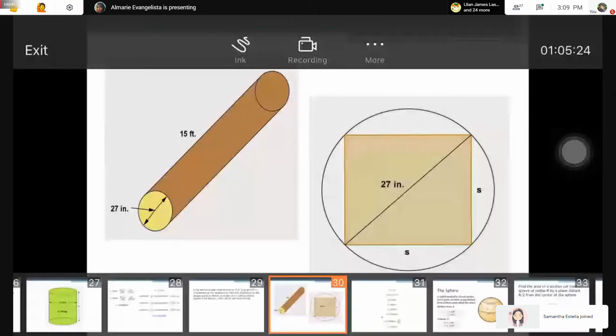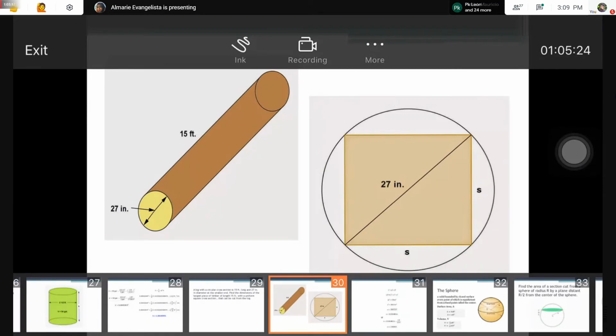Sabi ko kanina, gagamit tayo ng Pythagorean theorem, which is c squared is equal to a squared plus b squared. Yung 27 inches na yan, siya yung magiging hypotenuse natin.